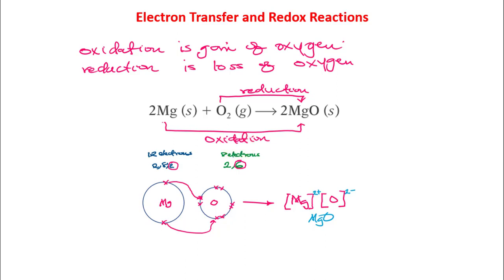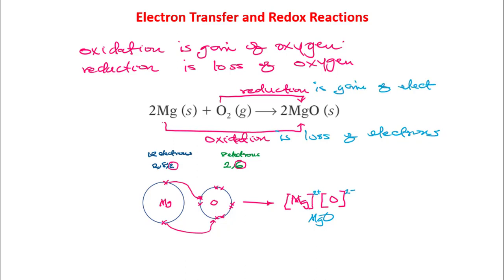So we can say oxidation is loss of electrons. And at the same time, as we establish the first one here, it's going to be easy for us to conclude about reduction, because oxygen also gains electrons from magnesium in order to form magnesium oxide. So we can say reduction is gain of electrons.